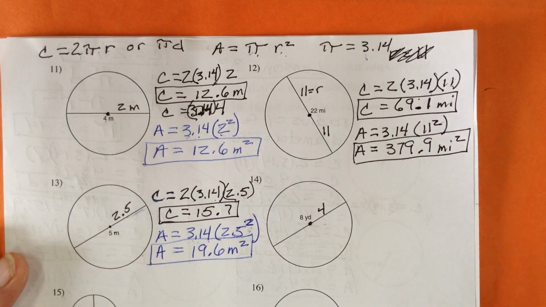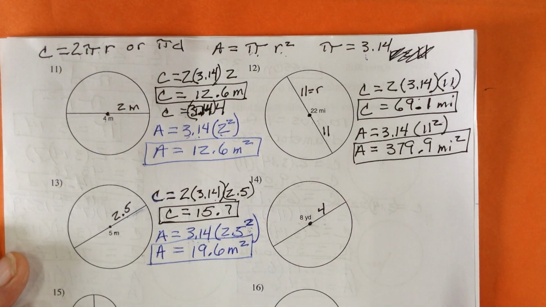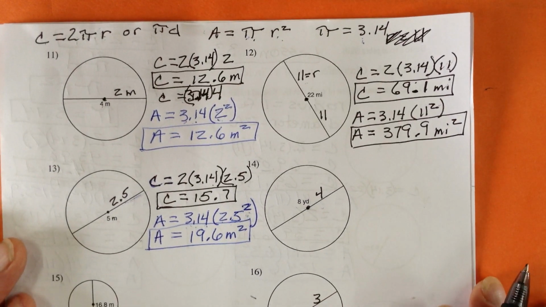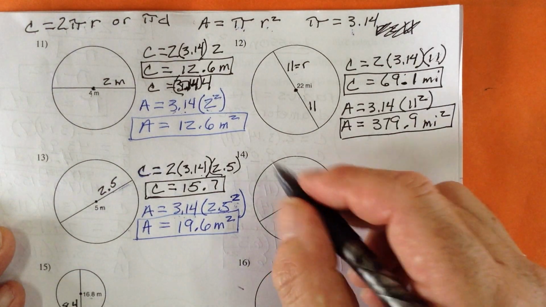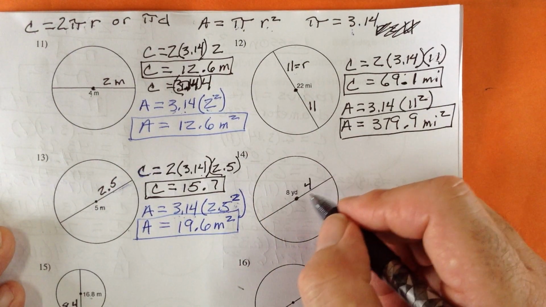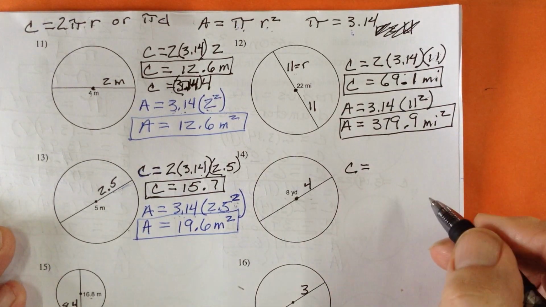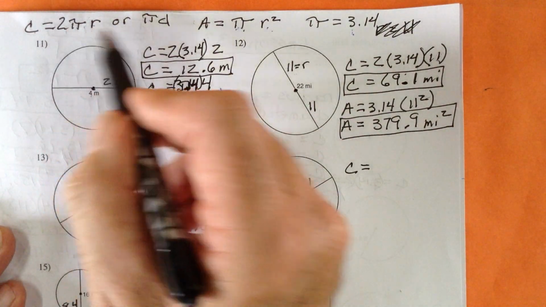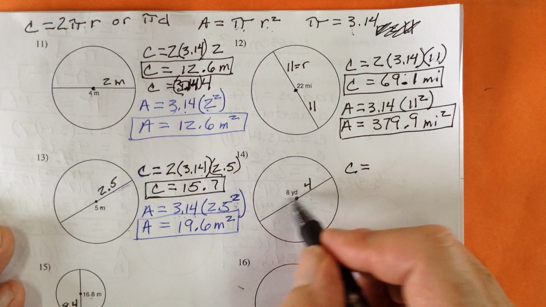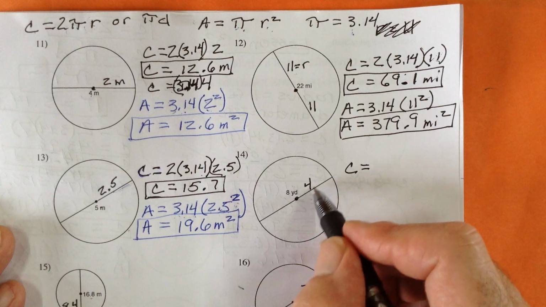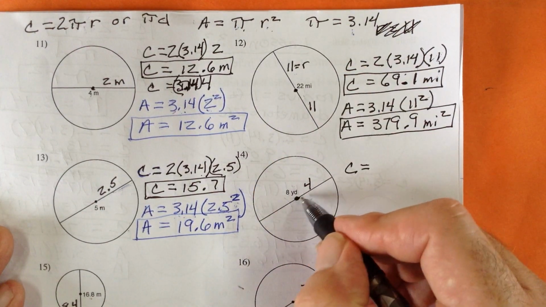Okay, and then the last one on this video, then I'll make a video of the rest so you can practice and check your answers. 14, the circumference. Well, if you do this one, you would do pi 3.14 times the diameter 8. But since I need the radius anyway to find the area, I always just use the radius.